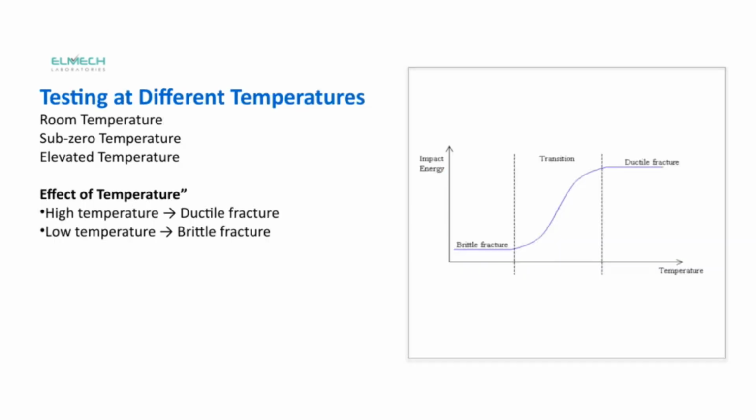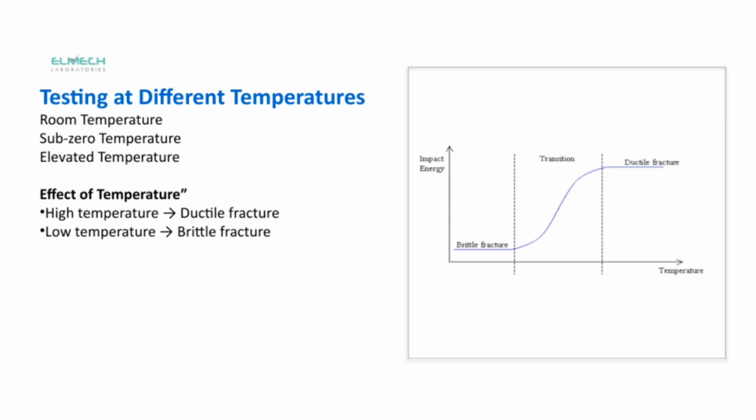Now, let's take a look at how materials behave under different temperature conditions. We test at room temperature, sub-zero temperatures, and elevated temperatures to see how they respond. Each of these environments can significantly influence the material's fracture behavior. For example, at high temperatures, materials tend to undergo ductile fracture, meaning they deform more before breaking.